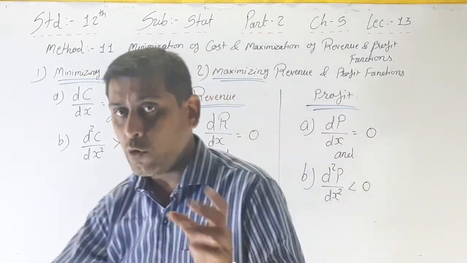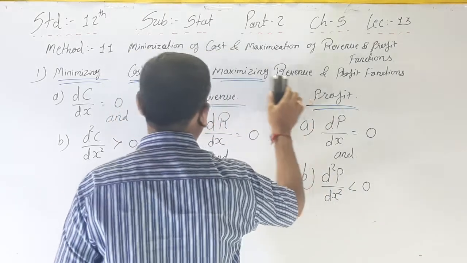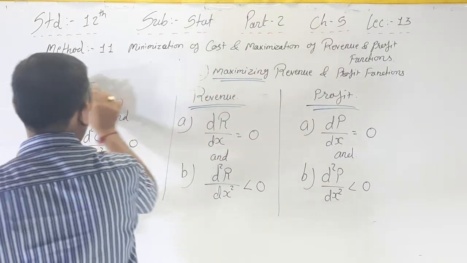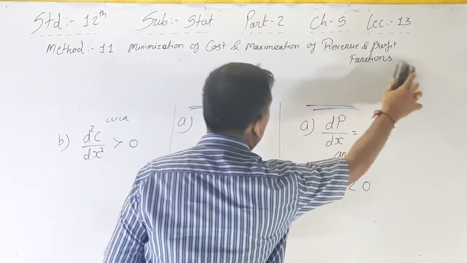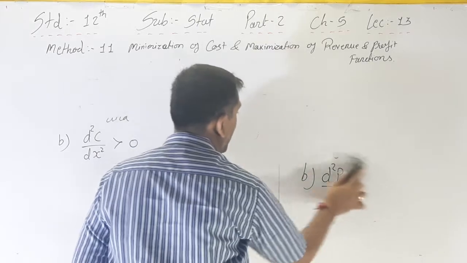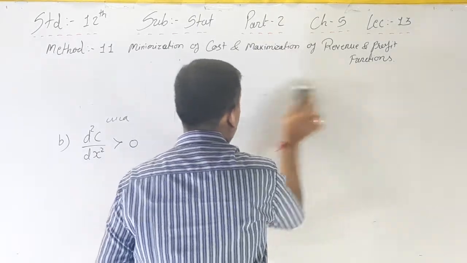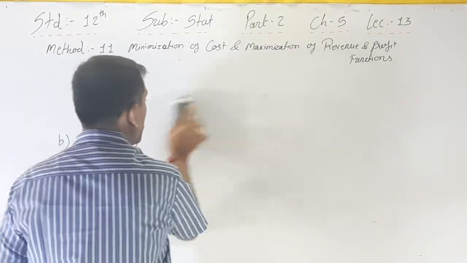Okay, so I am doing that particular sum on the board. Please see that. Please write down these 11 methods, that is formula and condition, into your fair book.